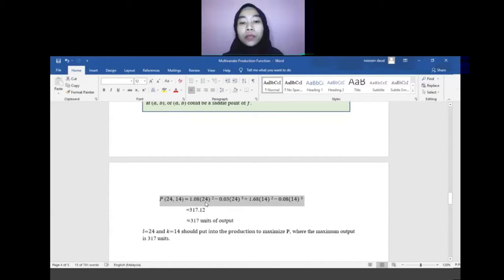We enter L equal to 24 and K equal to 14 into the equation, and we get 3,170.12, which we approximate to 317 units of output. Therefore, when input L is 24 and input K is 14, the production is maximized.